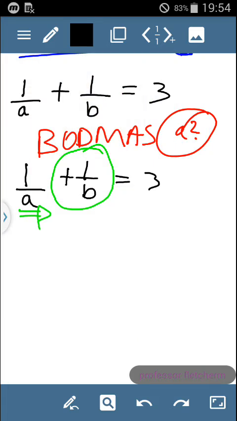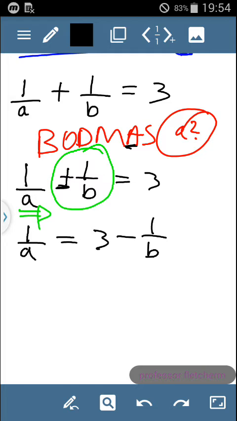So how do you remove that? That one is an addition sign. Addition, yes, addition. So it just simply goes over the equal sign, it becomes a negative. So we have 1 over A is equal to 3 minus 1 over B.